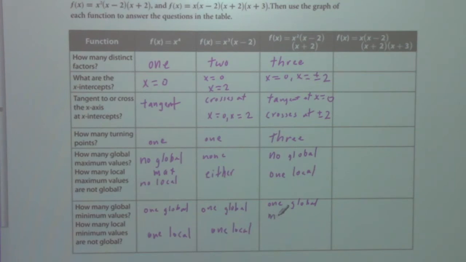What about local? Now, local's kind of hard. Would it be 2? Because there are 2 local minimums, but they happen to be the same value, right? So we'll say 2 locals, but the same value. Yeah, so that's a trick one, right?